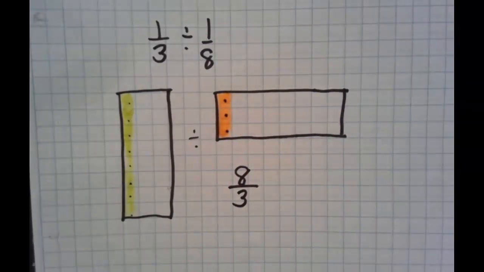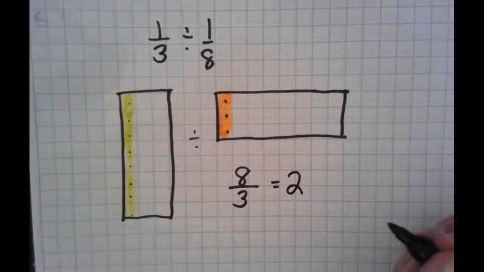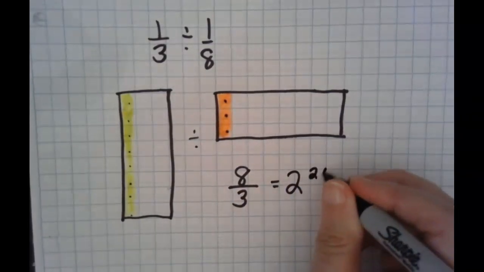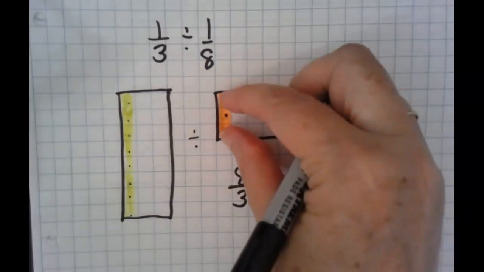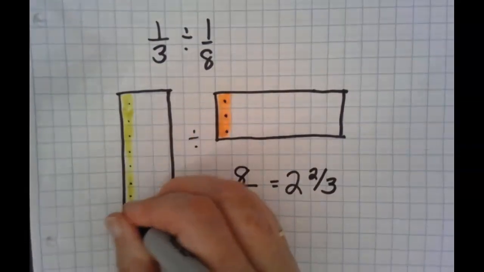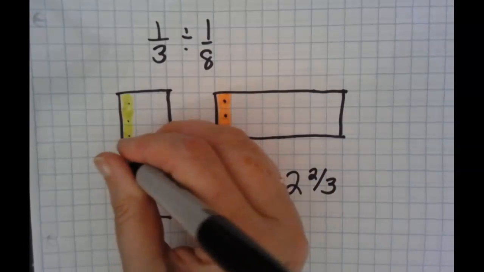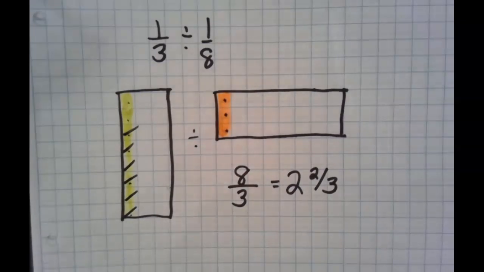I could make that into a mixed number. 3 goes into 8 2 times, and I have 2 left over, so 2 2/3. Because if you think about it, these 3, I could do 3, 1, 2, 3. I could do another 3, and I'd have 2 left. So 2 2/3. And that's the way that you can use two boxes to model dividing fractions.